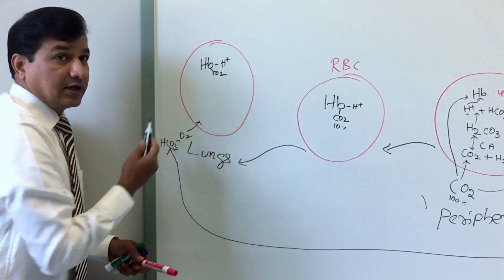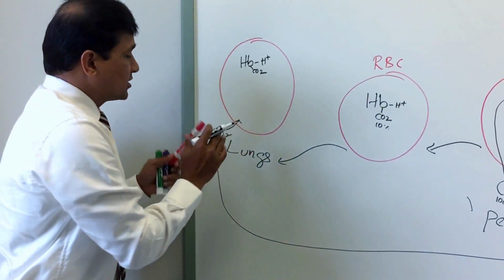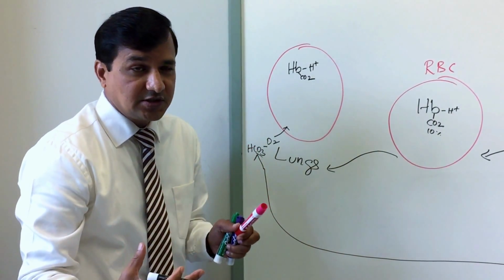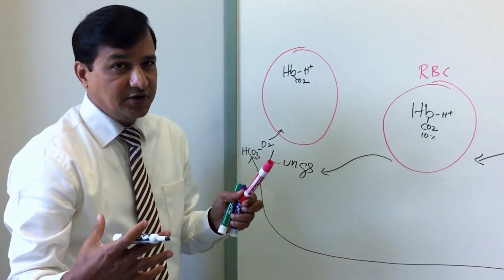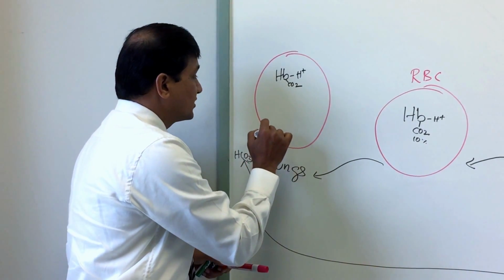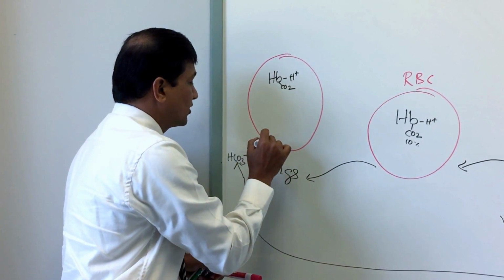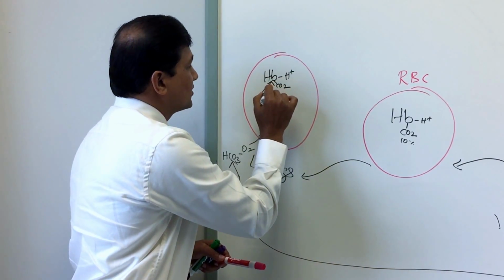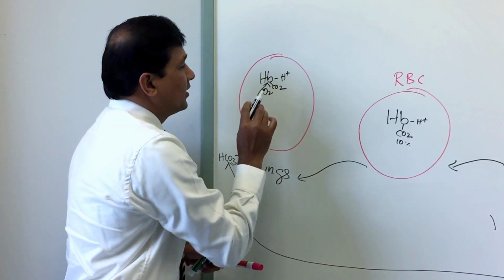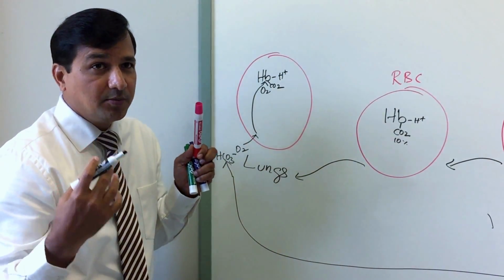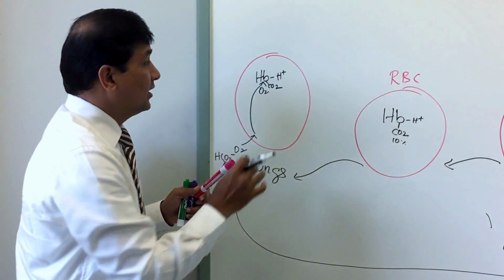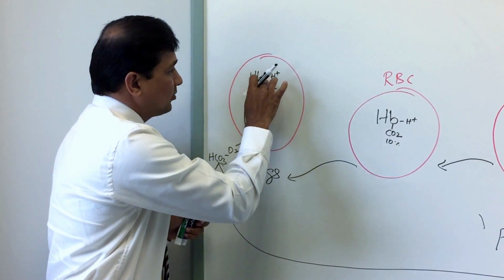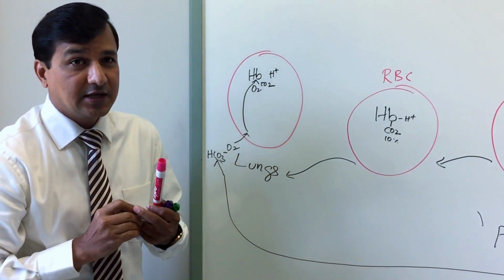Now the partial pressure of oxygen in the lungs is 90 to 100 millimeter of Hg, and that itself is sufficient to load oxygen onto the hemoglobin molecule. So oxygen is loaded now. Because of the binding of oxygen to hemoglobin, both carbon dioxide and proton will be removed, because there will be breakage of salt bridges.